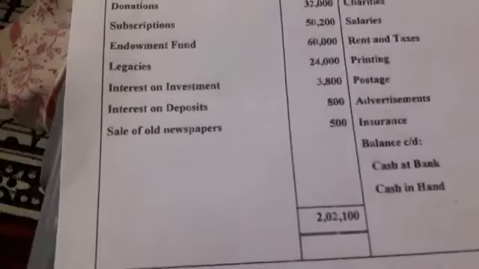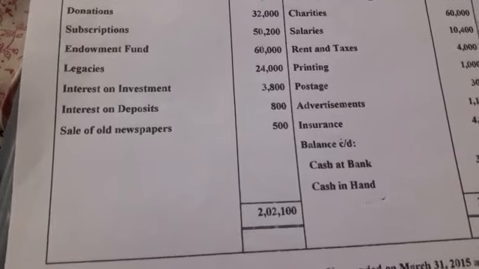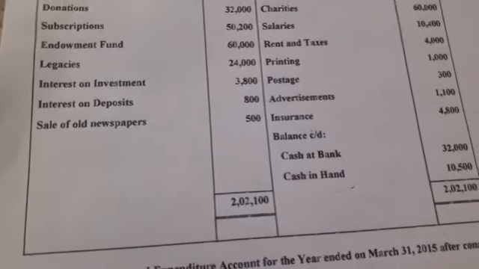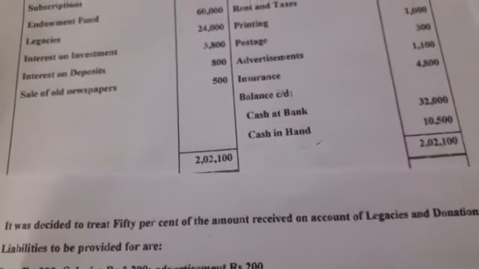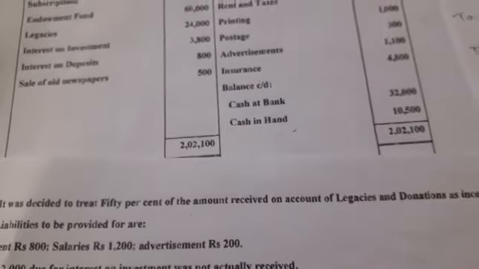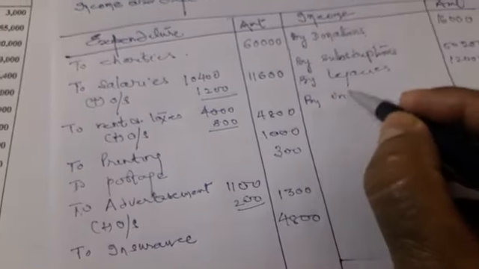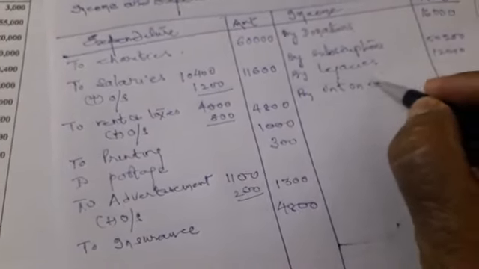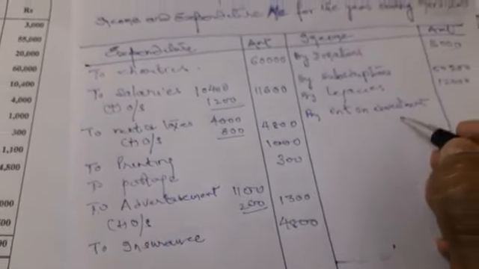Next is your interest on investment. Investments are assets and not transferred to the income expenditure account. So interest on investment will be transferred to the income side of income expenditure account. Amount given is 3,800.